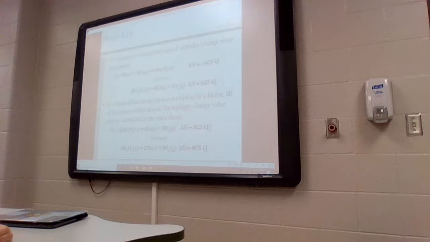Sorry, having trouble writing today. 2, I can multiply the equation and the delta H. There you go. So multiply the equation and the delta H. Those are the only 2 things you can do.